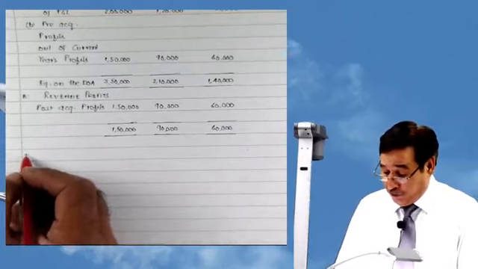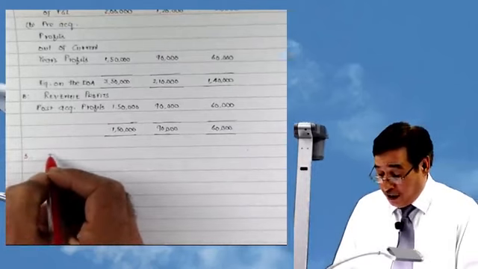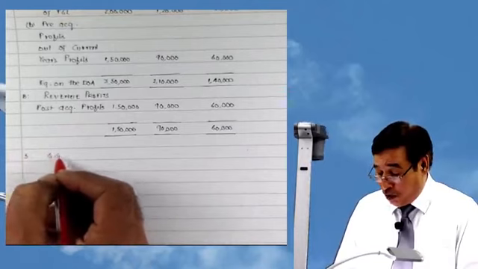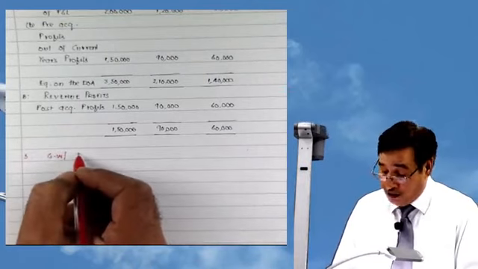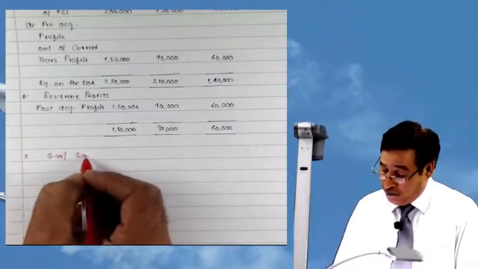That is fifth one, that is known as goodwill or gain on bargain purchase. Goodwill or gain on bargain purchase.